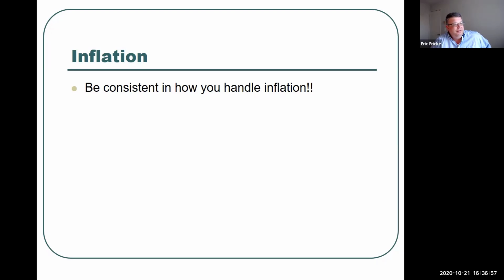The other version is when we take out inflation. I think it gets a little bit confusing, but there are some economic analyses where they like to remove the effects of inflation. But from the standpoint of doing financial analysis like this for investment projects, I've never really seen it. So the key is just to be consistent.